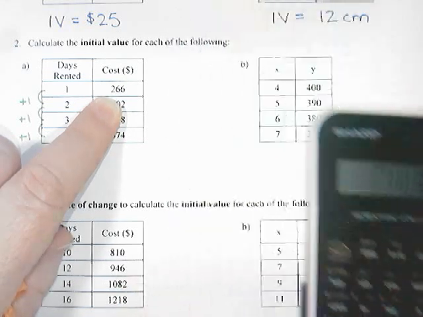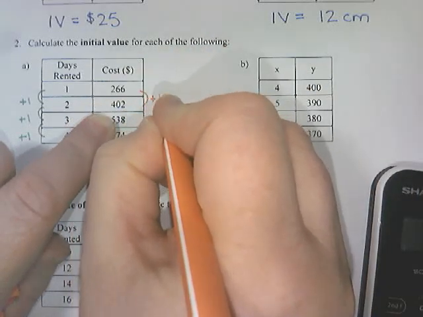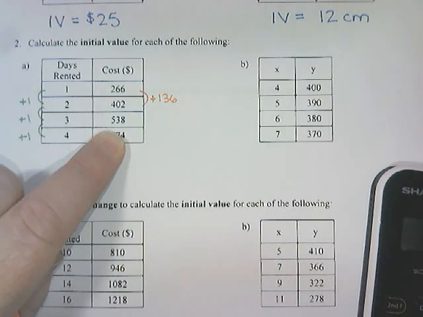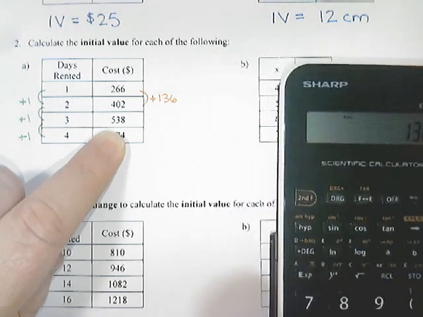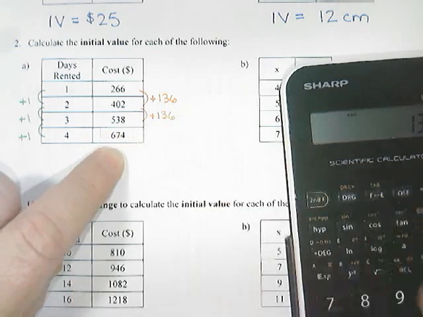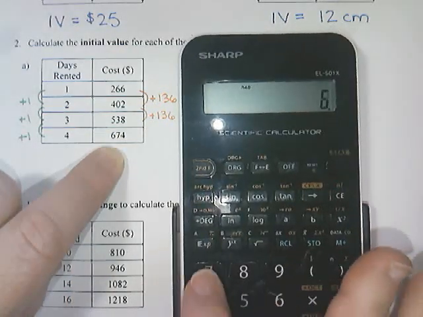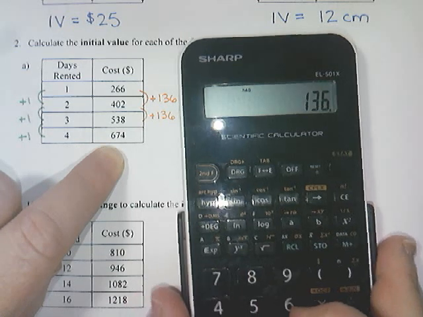Which is a difference of 136. So I added 136. And then I'm going to check 538 take away 402 is also 136. And then 674 take away 538 is 136.